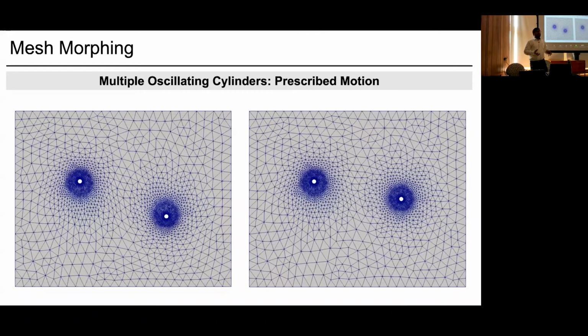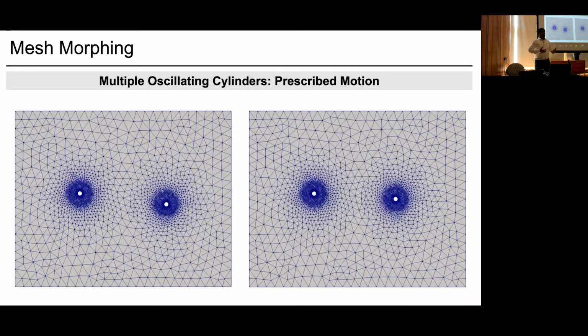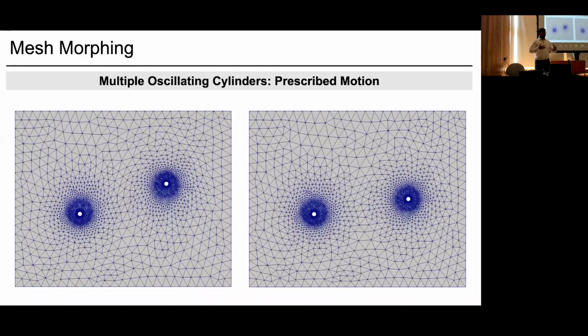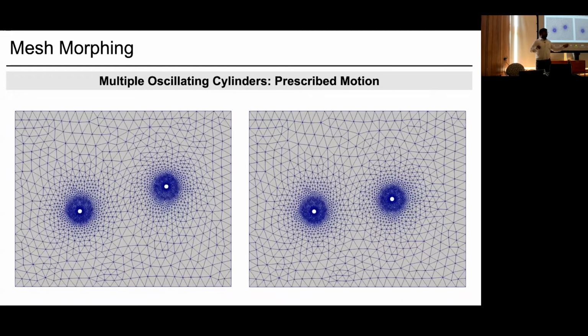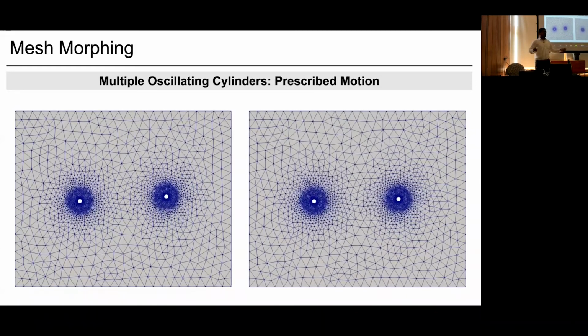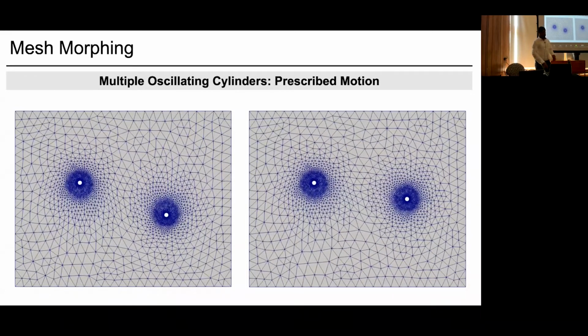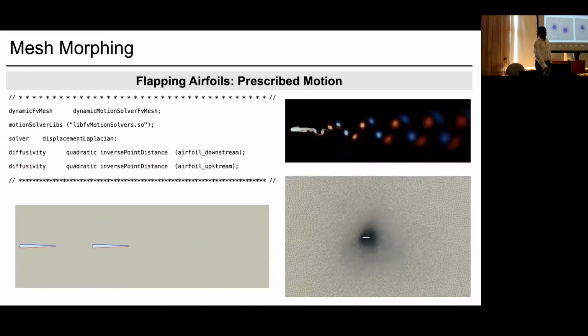This kind of problem becomes more and more difficult depending on the gap between the bodies, because if the motion of the bodies conflicts with each other, one cell would be stretched very much, and then your solution will diverge. Next, I'm coming to the overset mesh, which overcomes these problems.